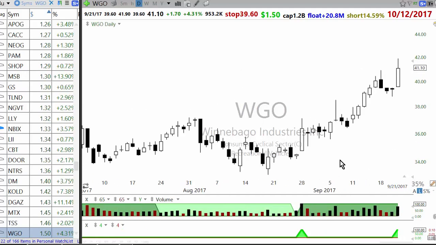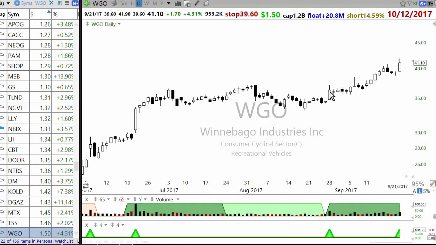See, now Winnebago, the thing is that this is where the setup started. Now this is only 3 days, didn't close near the high, so that's not a good setup.